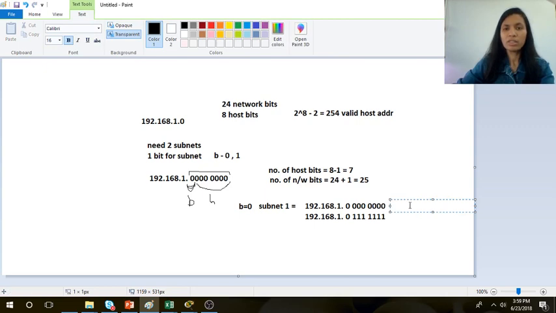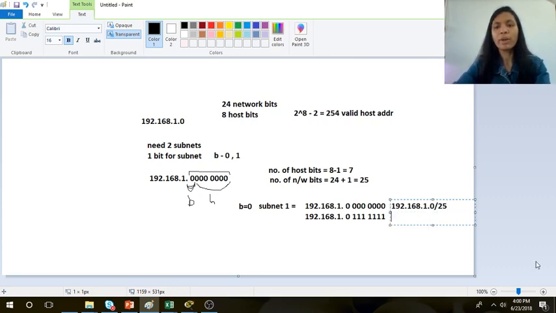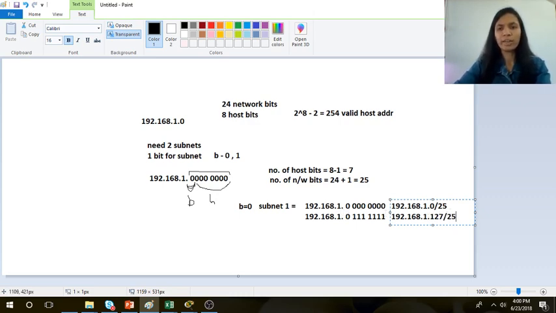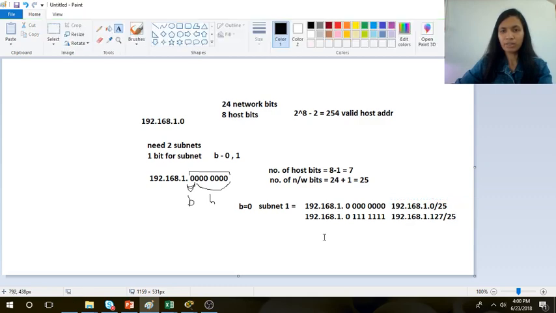So this subnet 1 network address is going to be 192.168.1.0. This would be /25, because now you have got 25 network bits, and you will have the broadcast address to be 192.168.1. The first bit 0 and the rest all ones will give you 127. We are just converting this binary to decimal. This would be /25. This is the broadcast address.